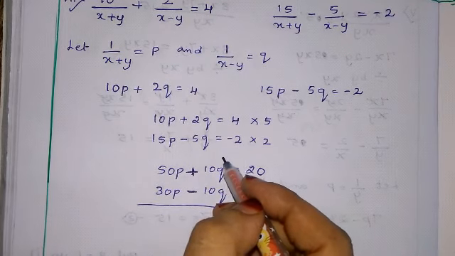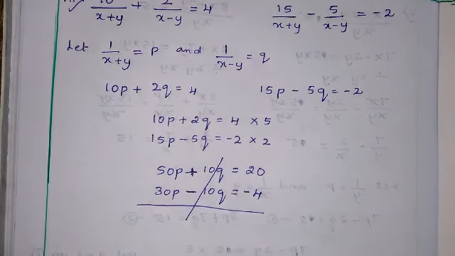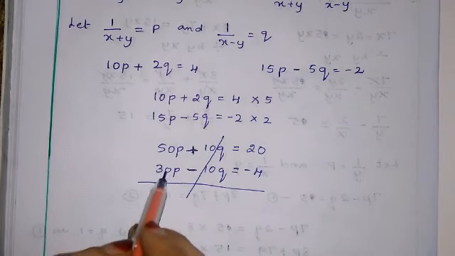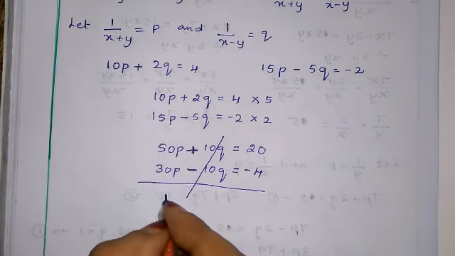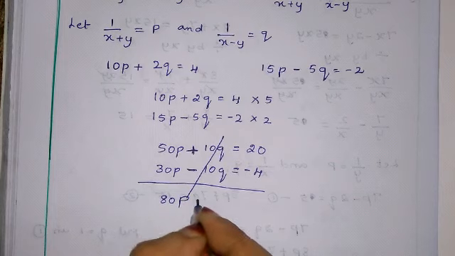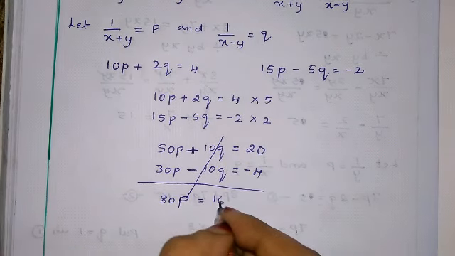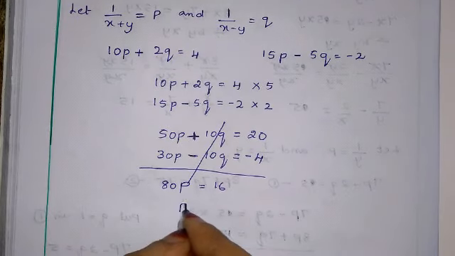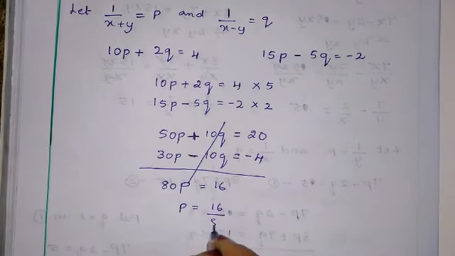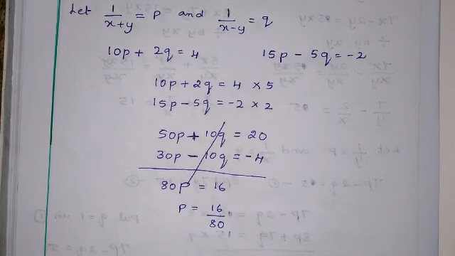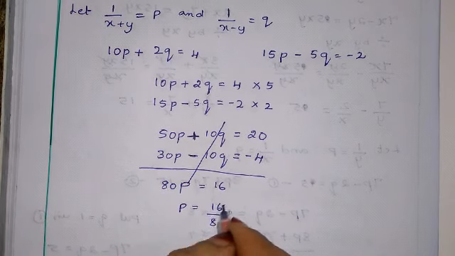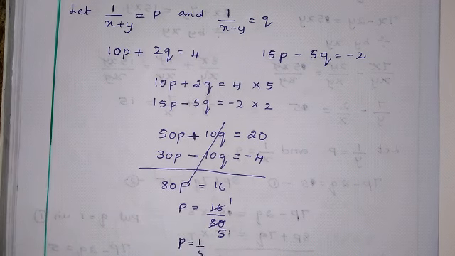So directly it will get eliminated. 50 plus 30 is 80p is equal to 20 minus 4 is 16. So p is equal to 16 by 80. Now we can see here 16 ones are 16, 16 fives are 80. So p value we got 1 by 5.